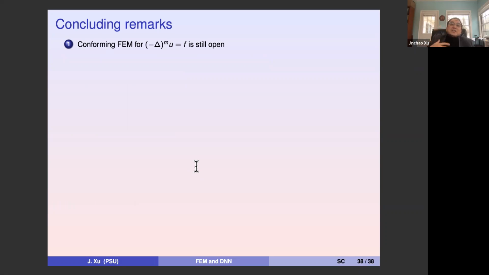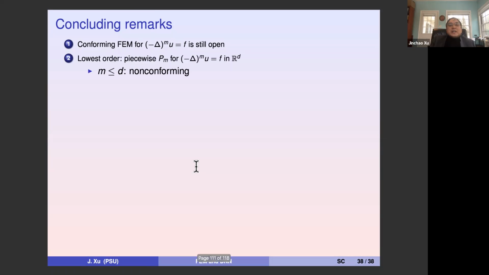So anyway, it has been my obsession in the last 10 years, just for theoretical curiosity, to do a high order finite element. So the conforming elements method is still open, but we were able to do a non-conforming one, and with the lowest order, we have a universal construction.